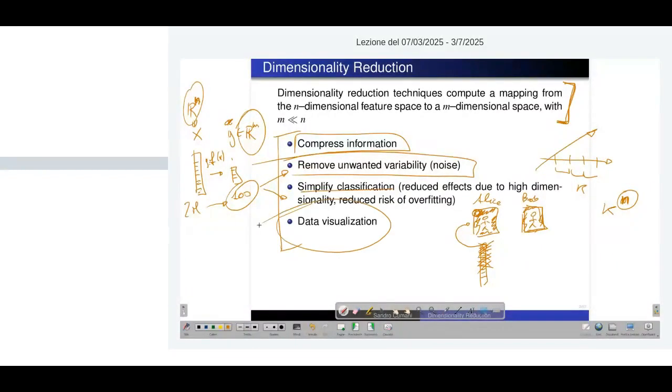And then the last task, which we will not really use much, because the methods that we see are not particularly suited for this, but it's still related to dimensionality reduction. There are better methods than what we see, but we don't have time to discuss those. In any case, it's visualizing data. We can't plot samples that have a few million components, but if there are 2 or 3 components, we can plot them and look at them.